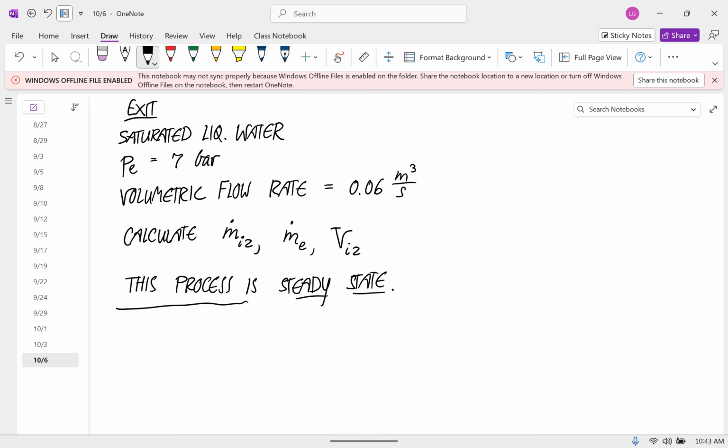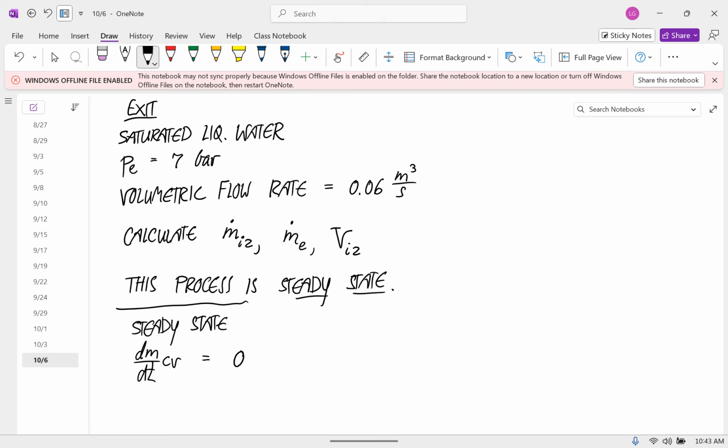So a steady state process means that the mass inside the control volume is staying constant. Steady state means that dm/dt for the control volume is 0.